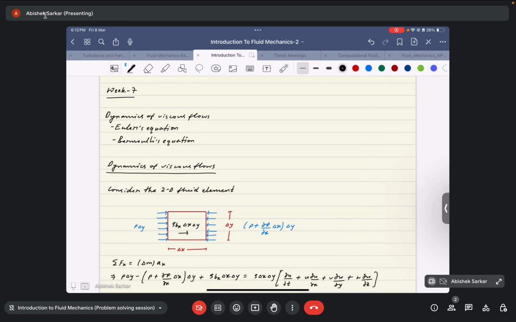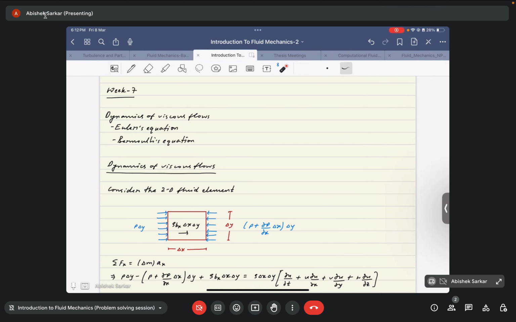Okay, so from this week we will now be interested in the dynamics of viscous flow. Till previous weeks we were primarily concerned with the basic fundamentals of fluid mechanics and basic flow parameters such as pressure and velocity, and primarily flow statics.